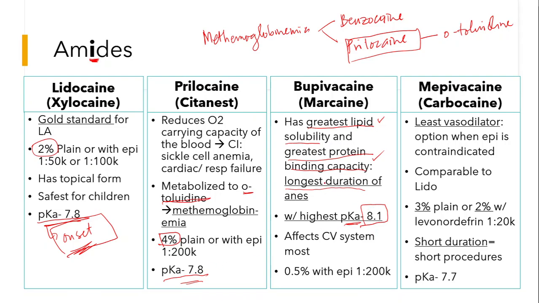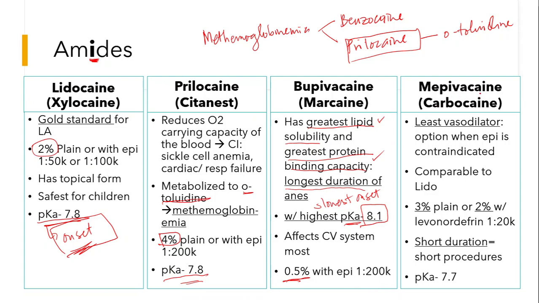So, it has the longest duration, however, it has the slowest onset. Okay? Now, this affects the CV system the most, your bupivacaine, because of its long duration. Now, bupivacaine is marketed in 0.5% with epinephrine at 1:200,000.